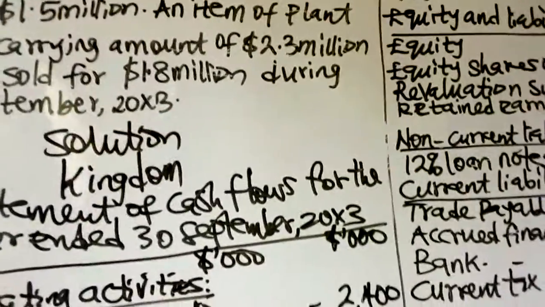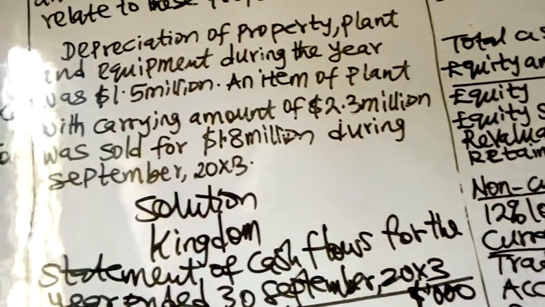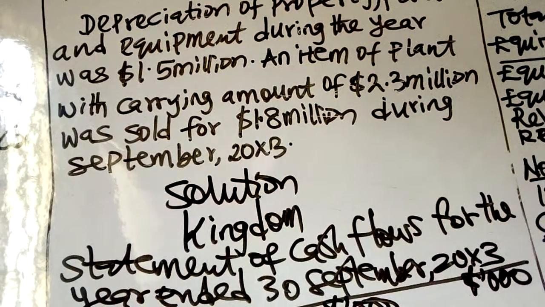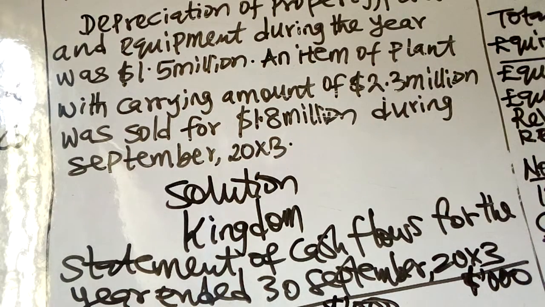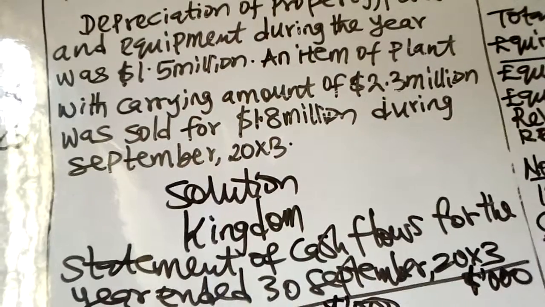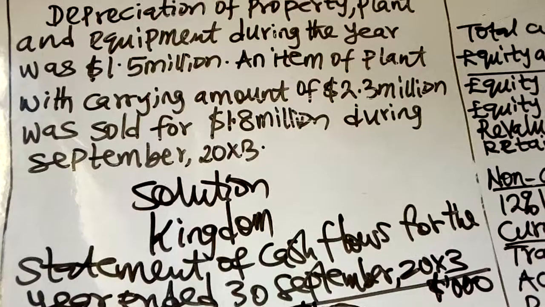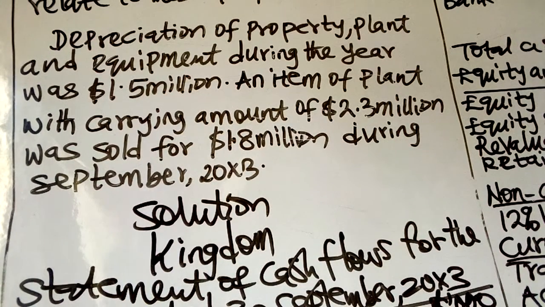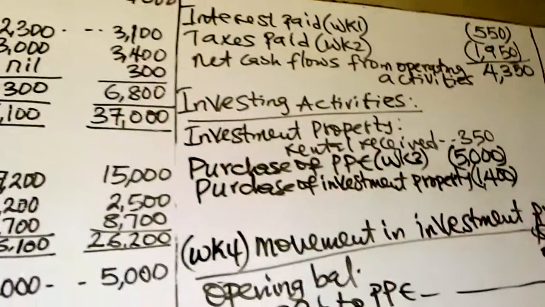Then, as part of our investing activities, you have the proceeds from the disposal of property, plant. The plant was sold for 1.8 million. That means it was sold at a profit. I mean the proceed, the actual amount it was sold, is given to be 1.8 million, and that will also be reported as an investing activity.